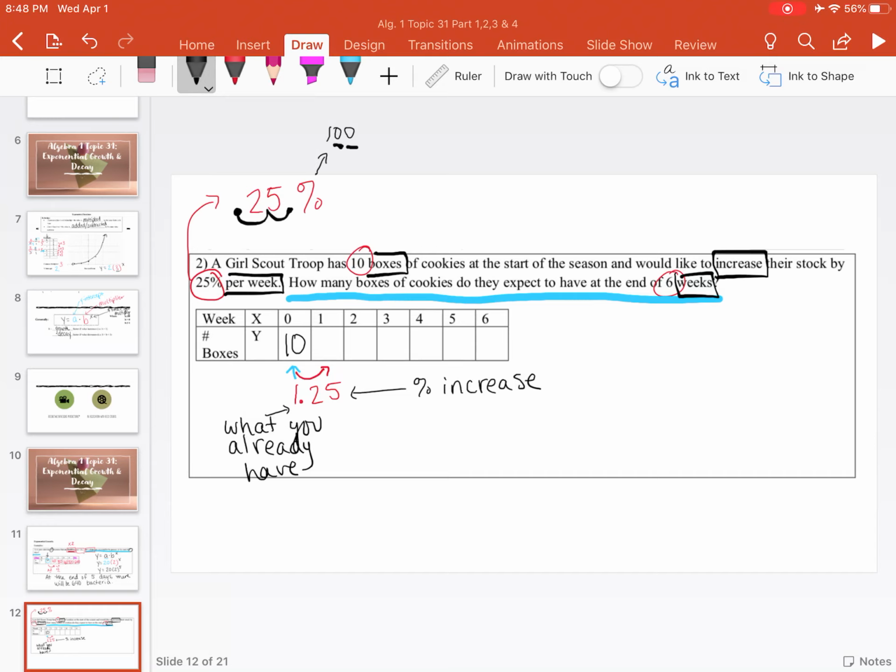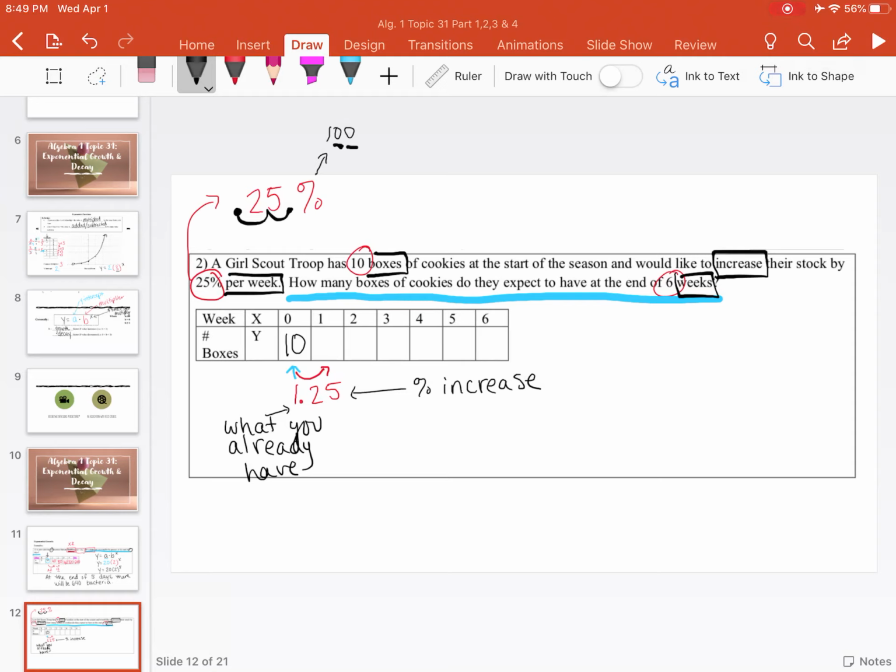So we have to take into account that we're already dealing with 10 boxes of cookies, and we want to add 25% of that on. 25% of 10 was 2.5, but we want to add that on to those 10 boxes of cookies.